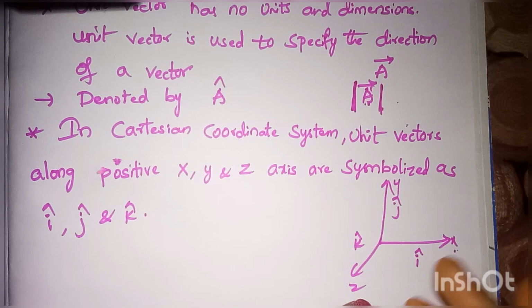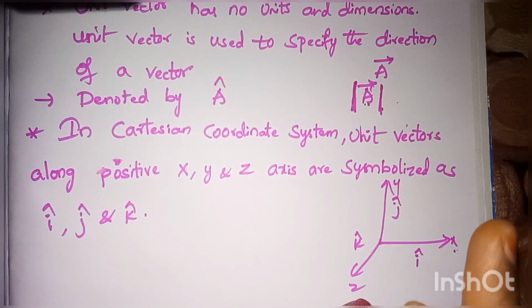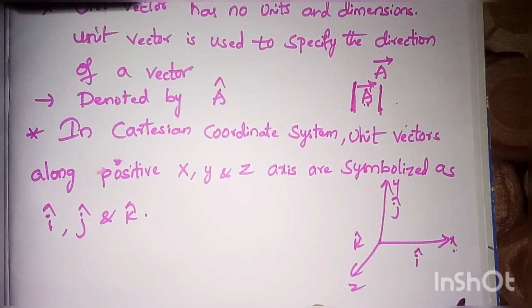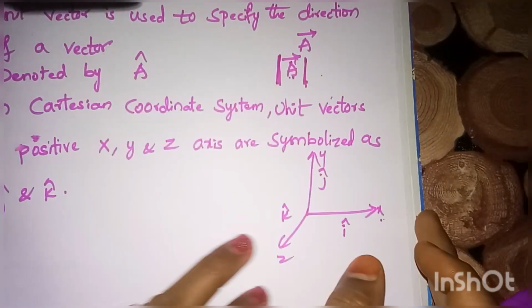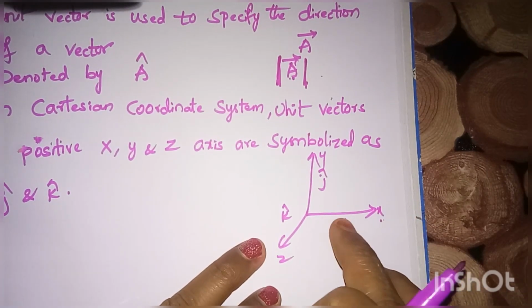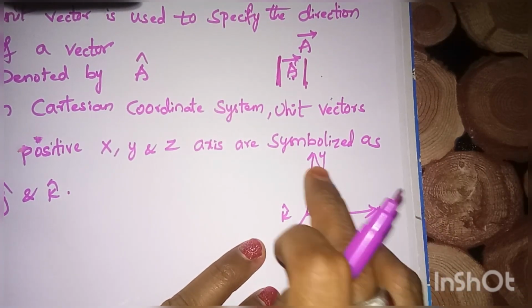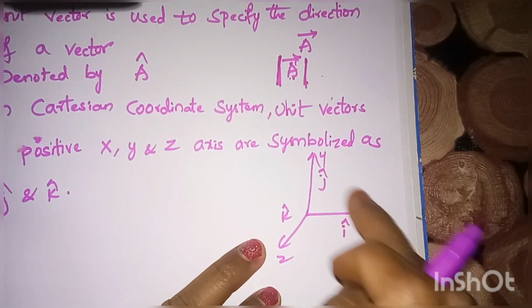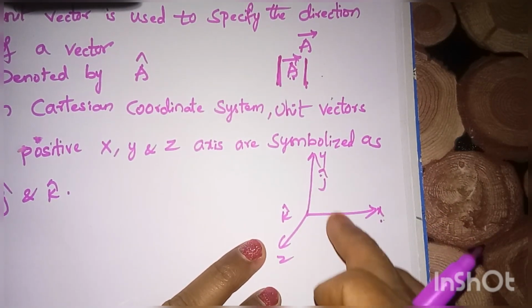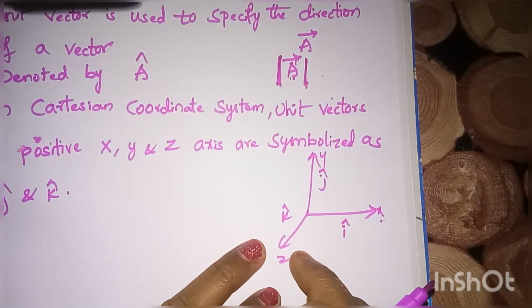Everyone should remember this very important point. You all know that for the x axis the y axis will be perpendicular, and these 3 axes are mutually perpendicular to each other.